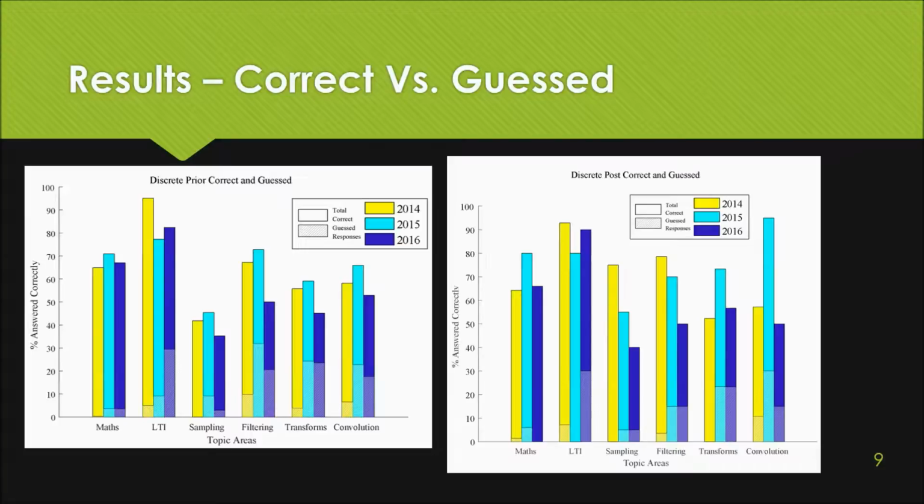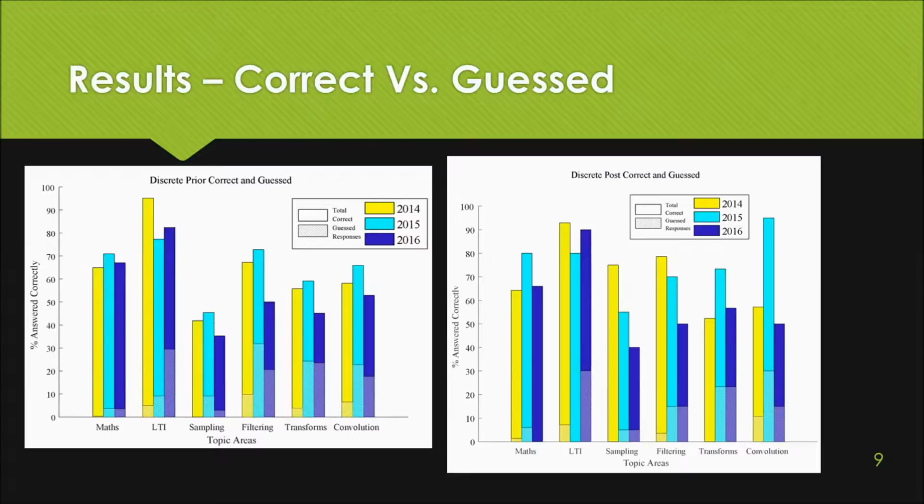Breaking this up even further now. So now we're throwing in some information which we were able to get from the text that was added. So these graphs here represent the total amount correct versus the amount that was guessed by students.